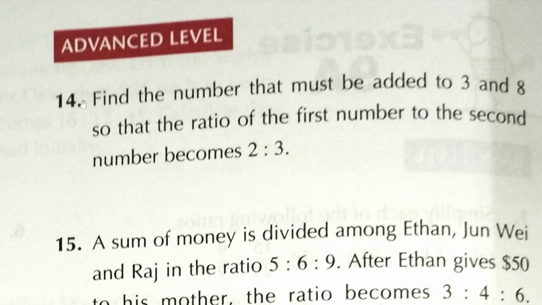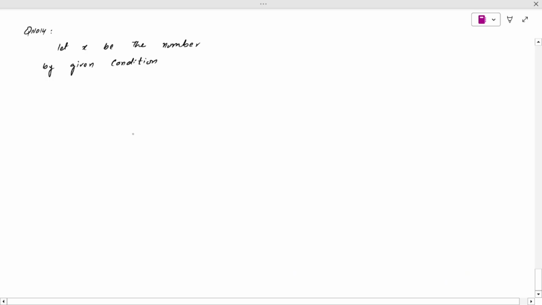Let x be the number. By the given condition, x will be added to 3 and 8, so the ratio of the first number to the second number becomes 2:3.